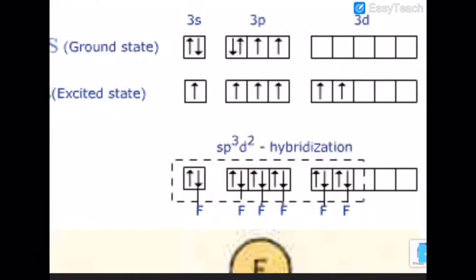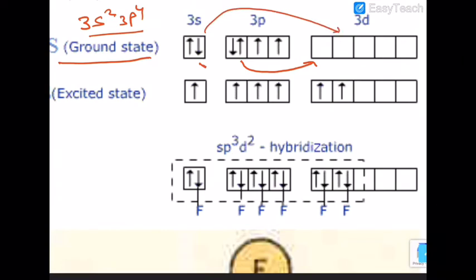Look at that here. Sulfur in ground state is 3s2 3p4. Then what happens? First, this electron will excite, and second, the other electron will excite. So 1, 2, 3, 4, 5, 6.